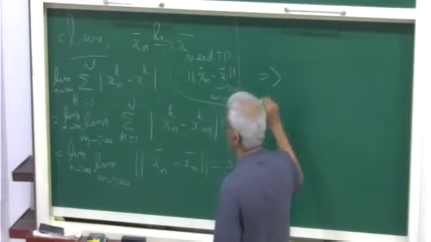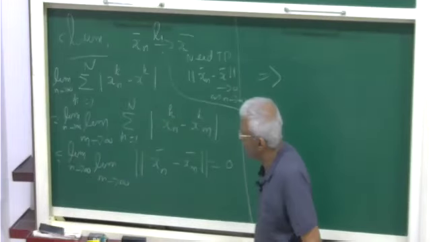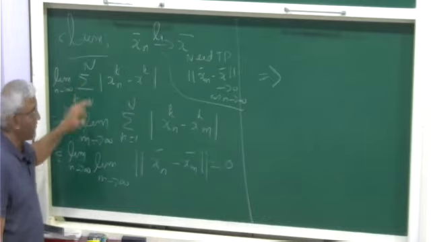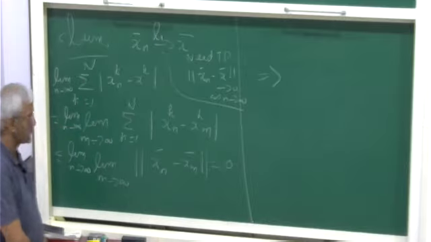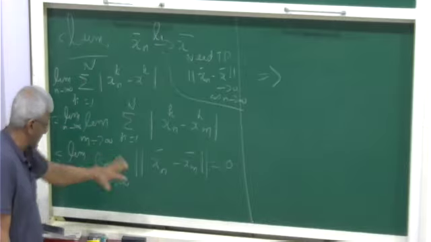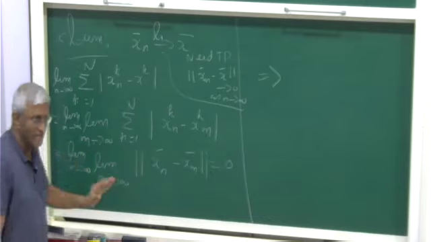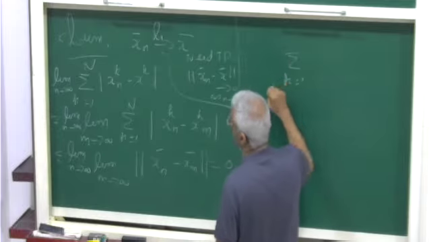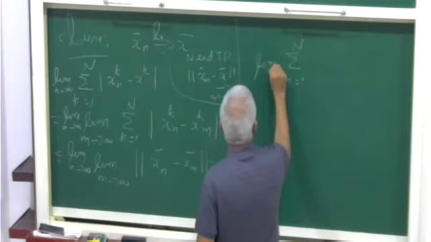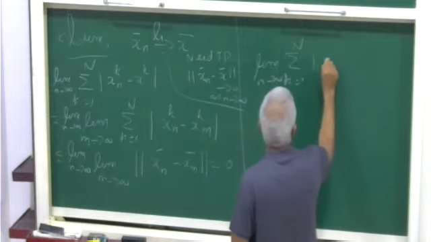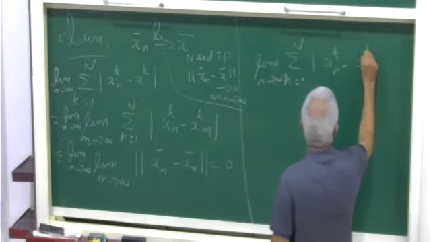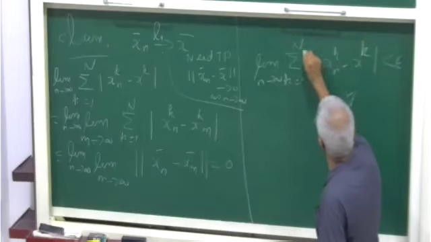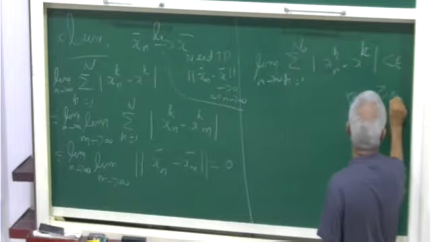This implies that you can take the limit n going to infinity here. That's what you want to do. That's your question. For each n, this goes to 0. This means I'm just saying that the summation k equal to 1 to infinity of xkn minus xk is less than epsilon for all n greater than or equal to n naught.